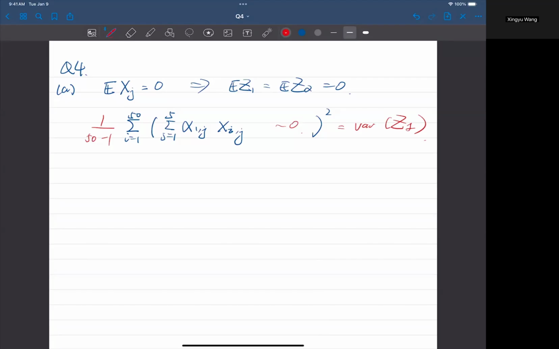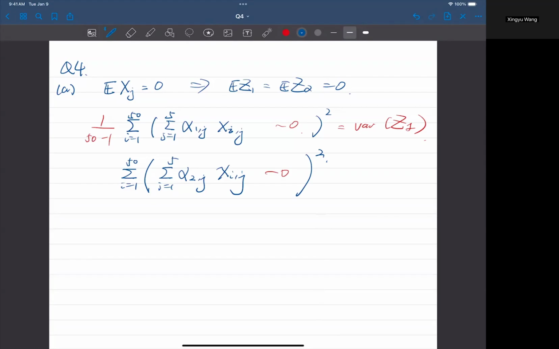And similarly for the other term on the right-hand side, the sum over i from 1 to 50 of the square of the sum over j from 1 to 5 of alpha 2j x ij. Of course, we can subtract a 0 term, which doesn't affect anything, since we know the mean of z2 is also 0.